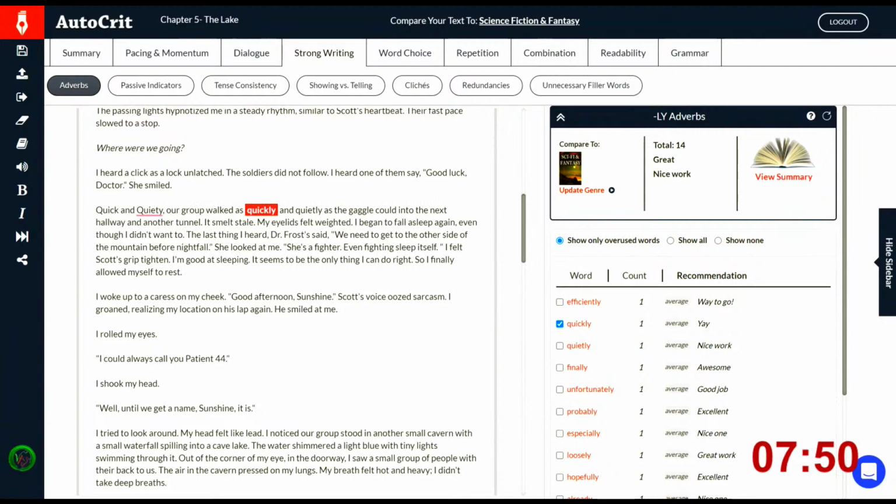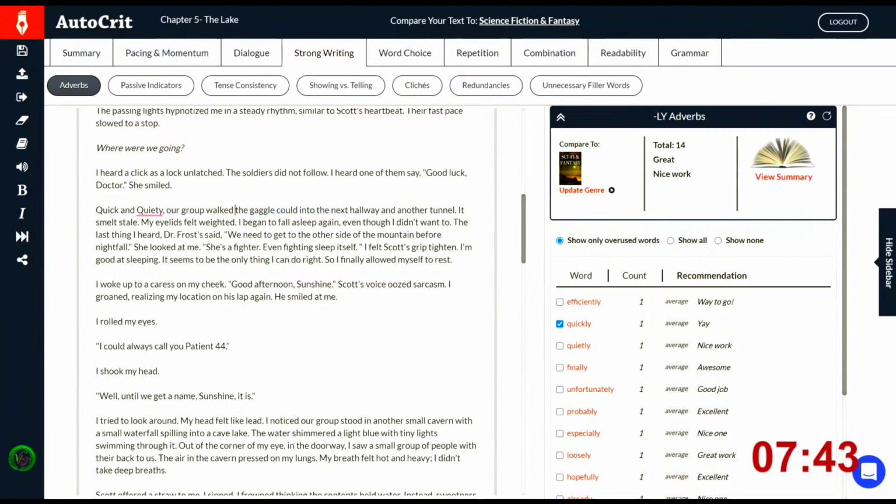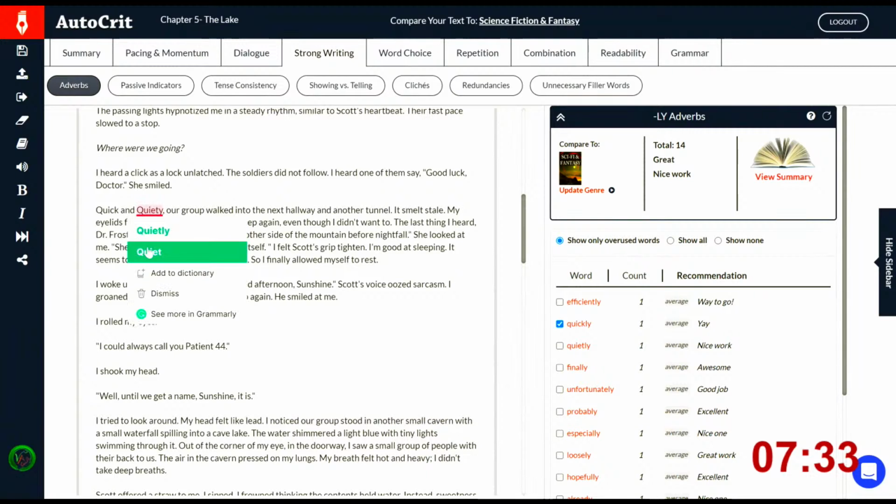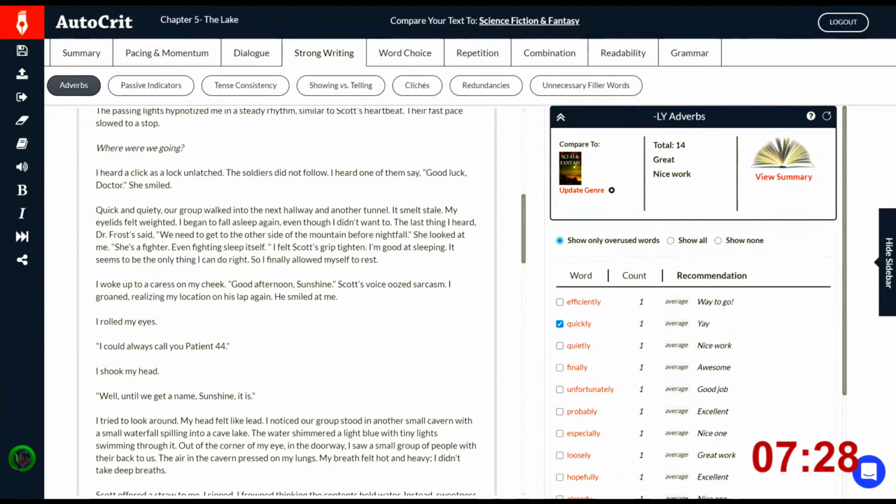Our group walked into the next hallway and another tunnel. The group walked into the next hallway and another tunnel. All right, so that got rid of quickly and quietly.